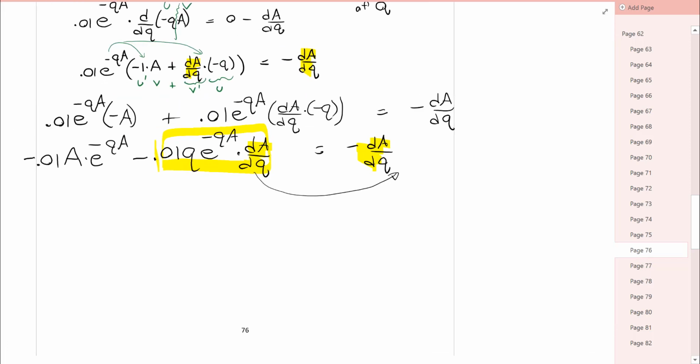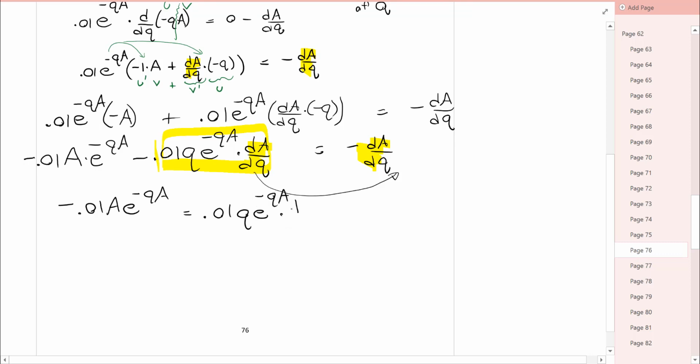So let's move that over to the other side. We'll add it to both sides. So that'll give us minus 0.1a times e to the minus qa equals 0.01 q e to the minus qa times dA/dq minus dA/dq. So I just moved it over to the other side. I just added it to both sides.